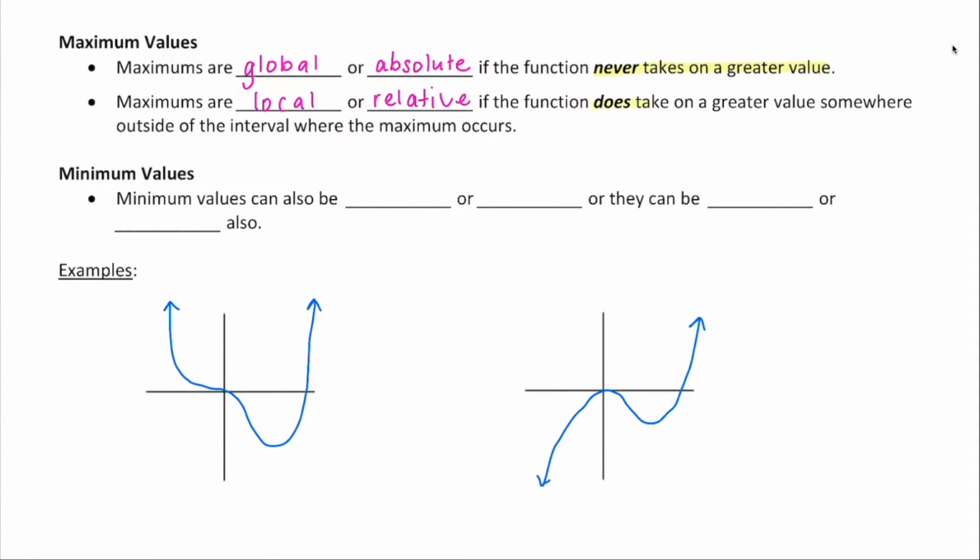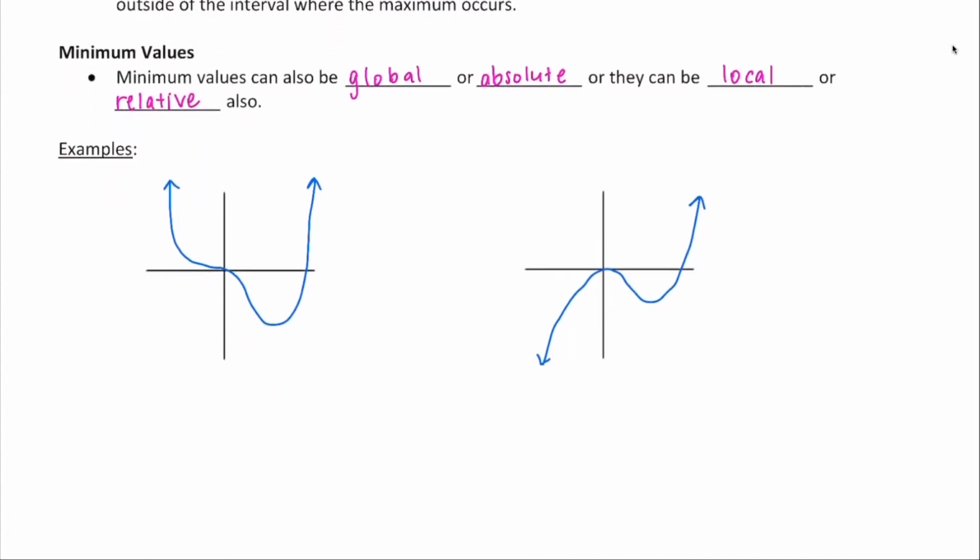So the function does take on a greater value somewhere else. And we would just consider these to be a local or relative maximum. We can also describe minimums in the same way. A minimum could be global or absolute, or we could also have a local or relative minimum.